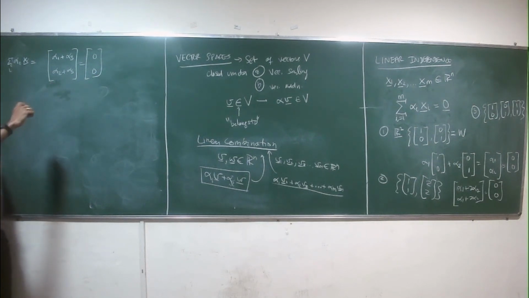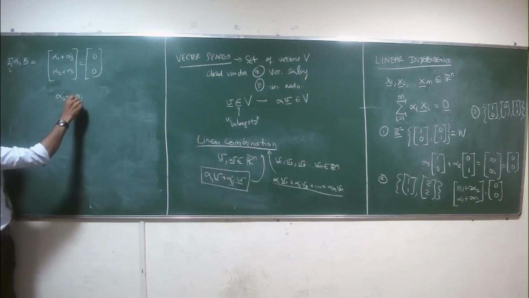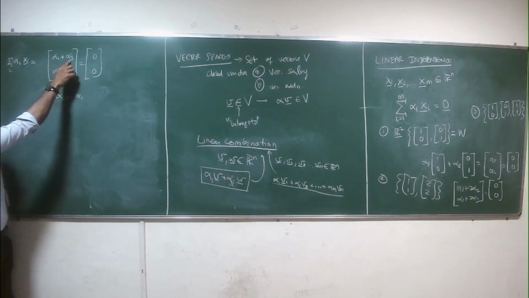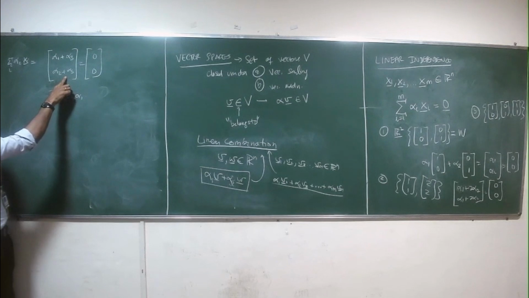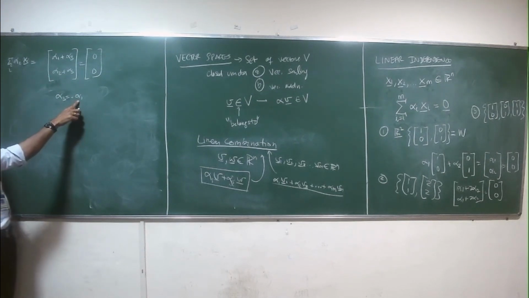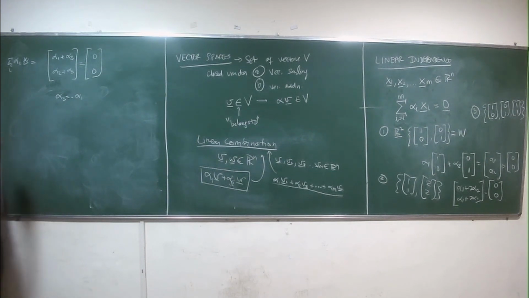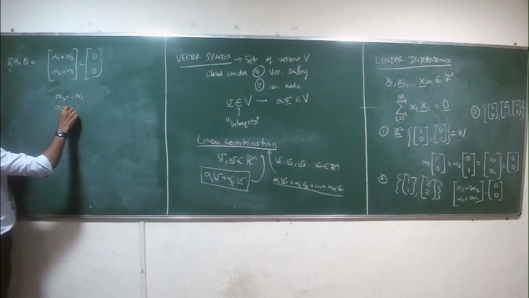Okay, so alpha 3 is minus alpha 1. That will mean this is 0. But what about this? No, you can only choose one value, right? Alpha 3 can either be minus alpha 1 or minus alpha 2. Okay, fine, you are saying alpha 3 equals minus alpha 2.